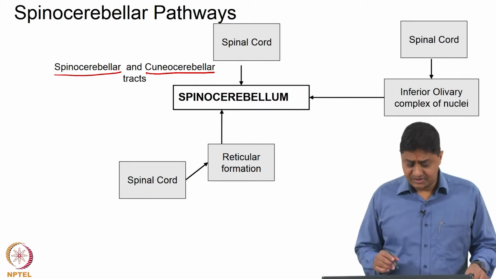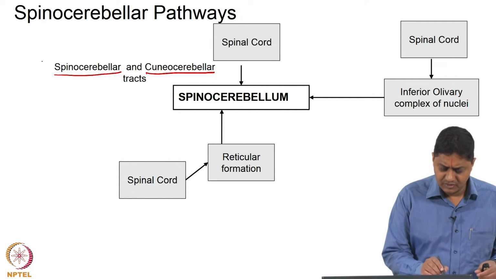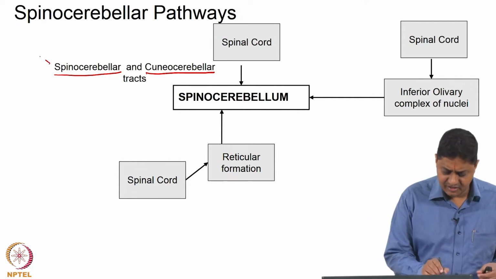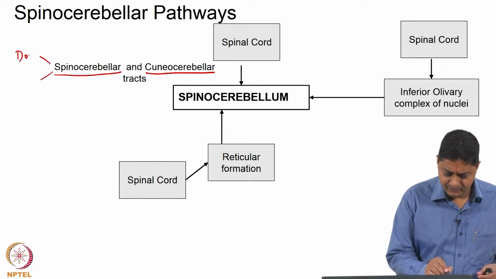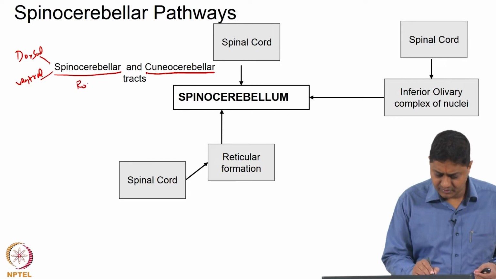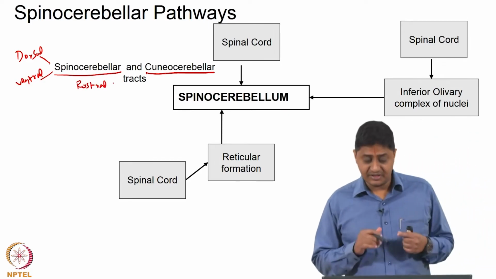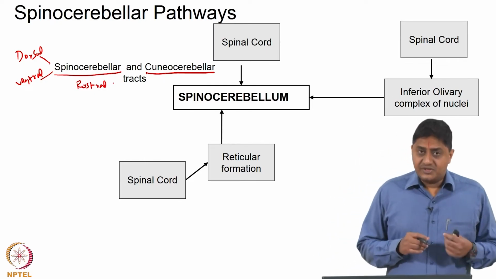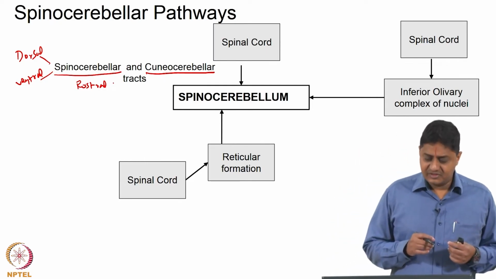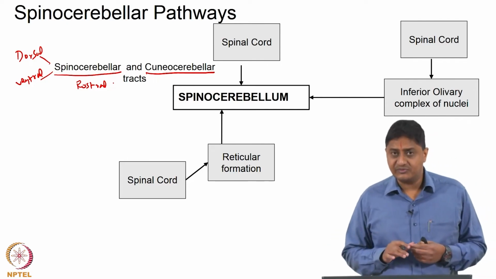So, one source is the spinocerebellar, which are divided into 2 different types, basically dorsal and ventral, and cuneo-cerebellar and rostral spinocerebellar tract. So, there are multiple pathways that project from the spinal cord directly into the spinocerebellum.